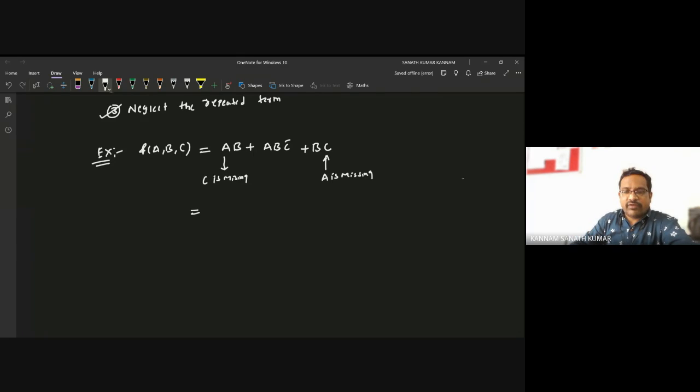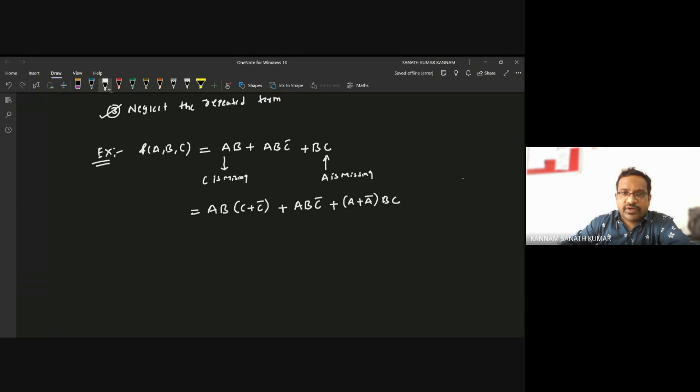First of all, you have to identify the missing variables. In the first term, C is missing, and in the second term, all three variables A, B, C bar are there, and in the third term, A is missing. So you can write this as AB into (C plus C bar) plus ABC bar plus (A plus A bar) into BC.